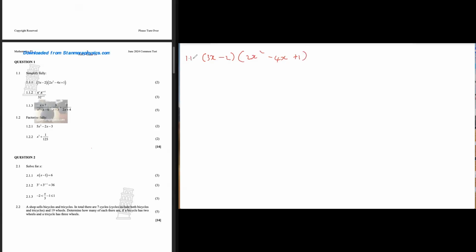Okay, 1.1.1. And we know that we're simply going to take the first term from the binomial, multiply it into the trinomial. And we do the exact same thing for the second term of the binomial. We're going to multiply it into the trinomial.